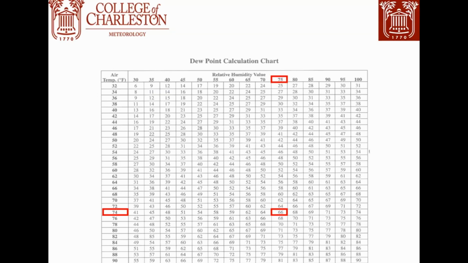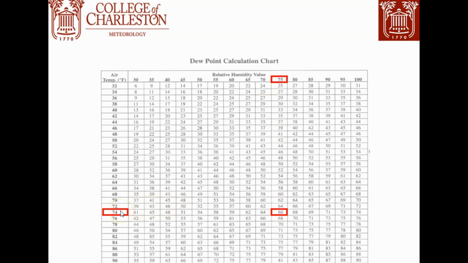Now, one of the things I want you to notice about this calculation is that it's meant to tell you something important. Notice that as the air temperature gets higher and higher, more moisture needs to be evaporated into the air in order for it to be saturated. So for example, at 74 degrees Fahrenheit, a 66 degree wet bulb temperature gives you 75% relative humidity.